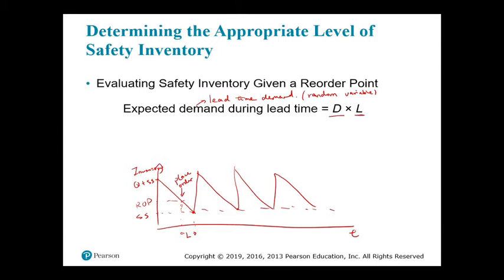And then the demand during this portion is going to be on average D times L. Therefore, you can now see the relationship between safety stock and reorder point. Safety stock is equal to reorder point minus D times L.